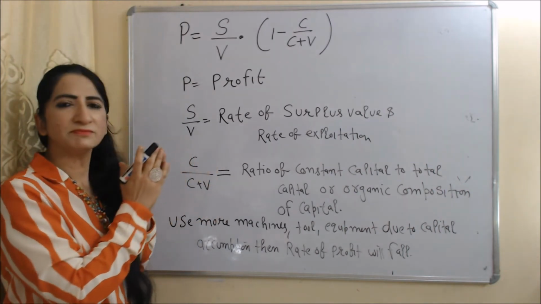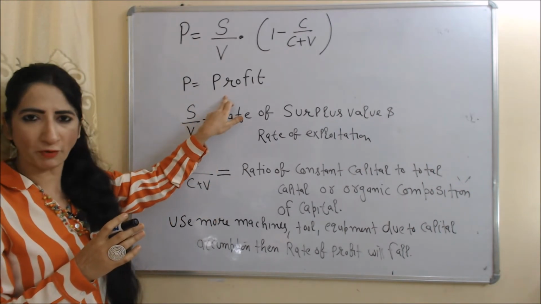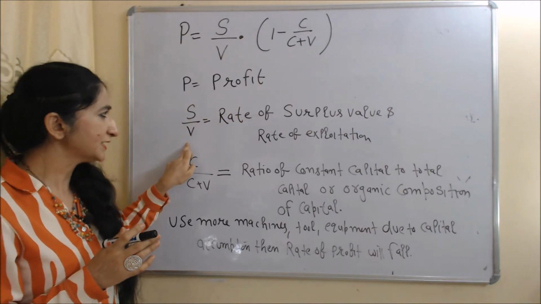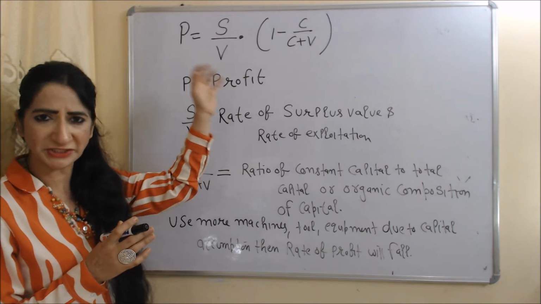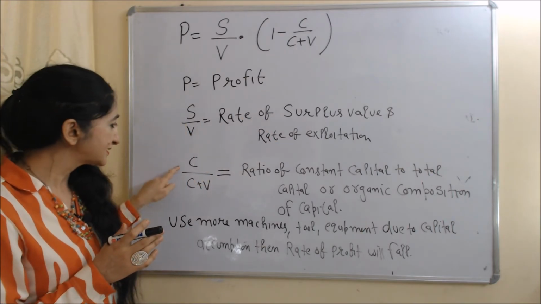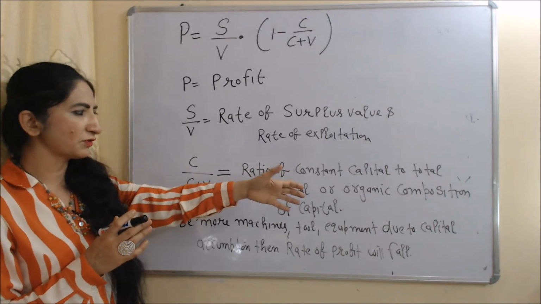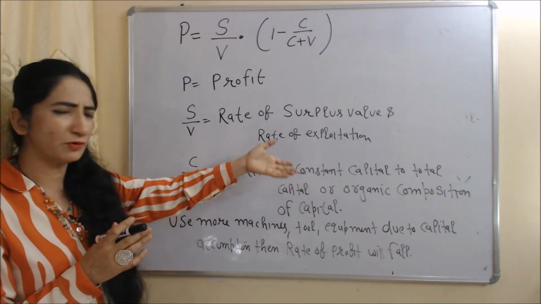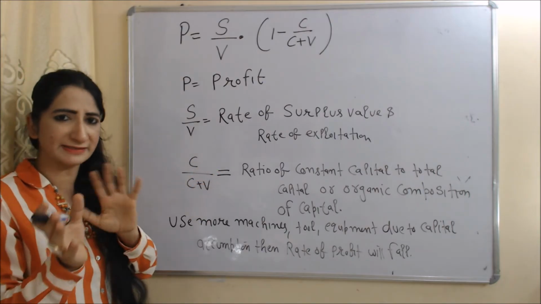So, what is the meaning of this equation? In this equation, P is equal to profit, S over V is equal to the rate of surplus value, or we can say the rate of exploitation as we earlier discussed. C over C plus V is equal to the ratio of constant capital to total capital, or we can say this is called the organic composition of capital as we earlier discussed.